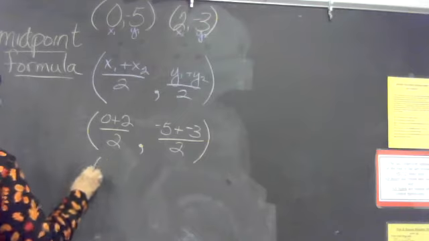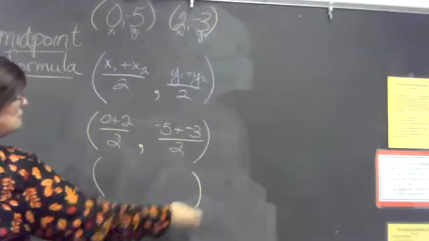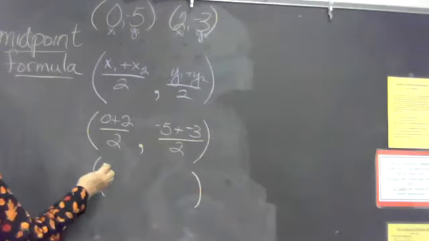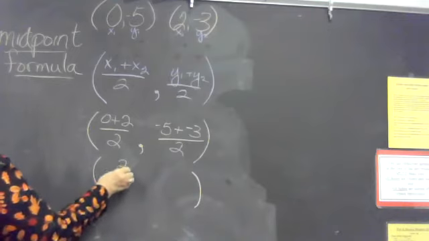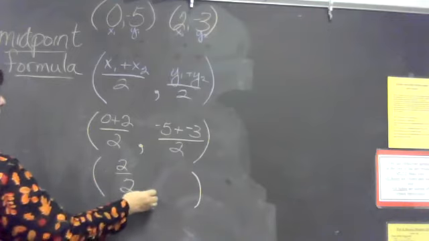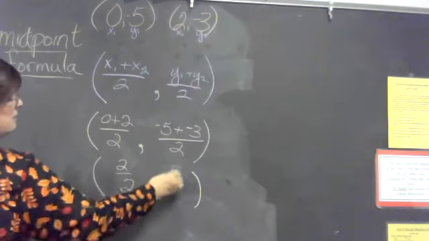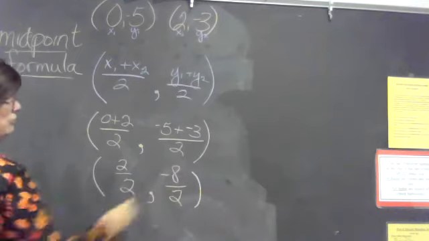And when I do this, I'm going to have 2 over 2, -8 over 2.